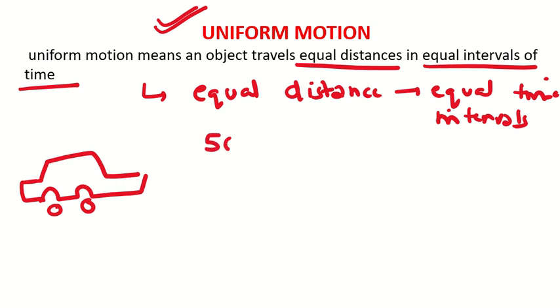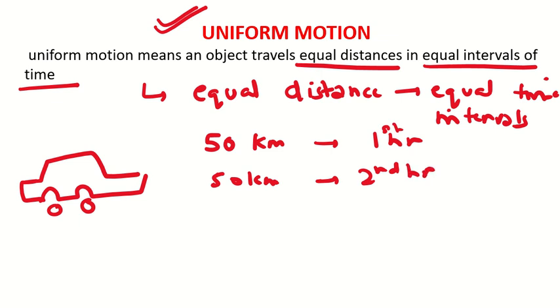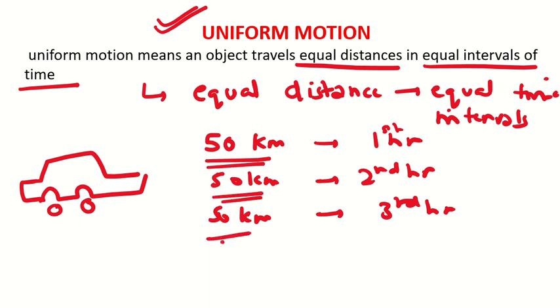What I have noticed is the car traveled 50 kilometer in the first hour, then it again traveled 50 kilometer in the second hour, 50 kilometer again in the third hour. So in every 1 hour the car is traveling a distance of 50 kilometer.